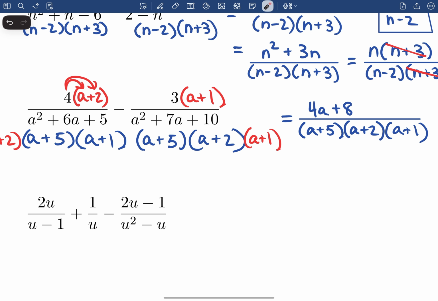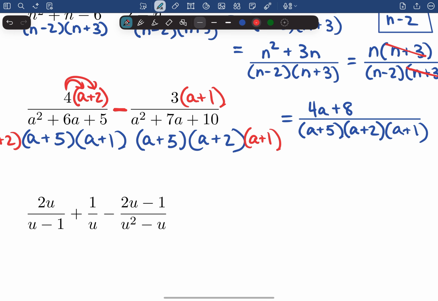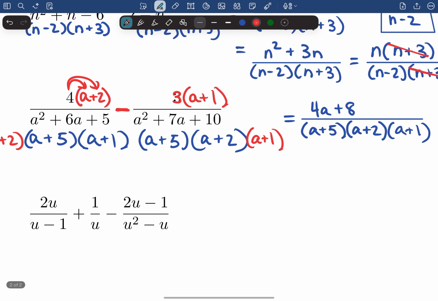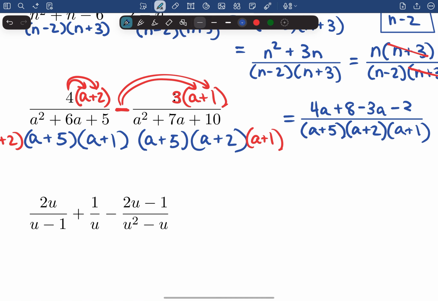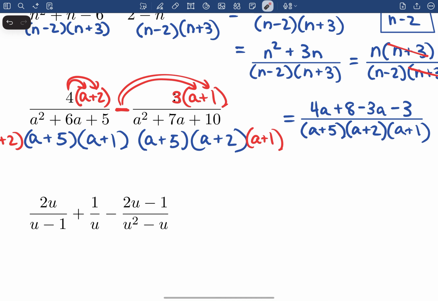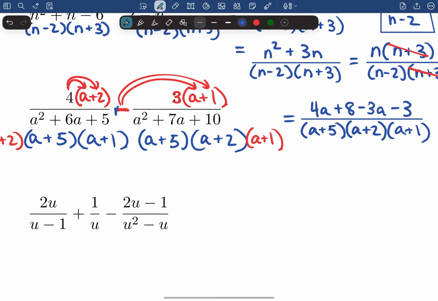And here you need to be very careful because do you see this minus sign? We're not just distributing 3 in, we're distributing negative 3 into a and 1. So negative 3 times a is a negative 3a. And then negative 3 times 1 is negative 3. There you go. So please be very careful. Always look for the sign, the operation that is happening between the rational expressions.